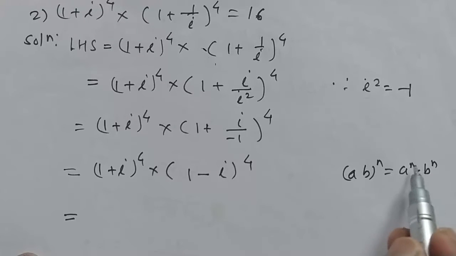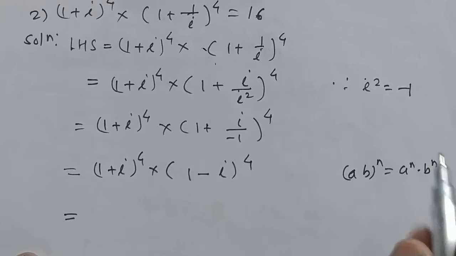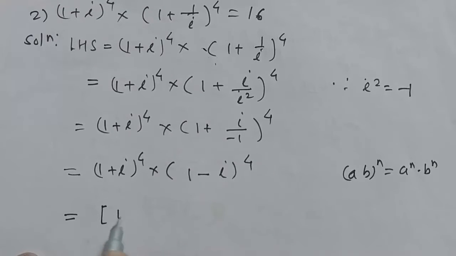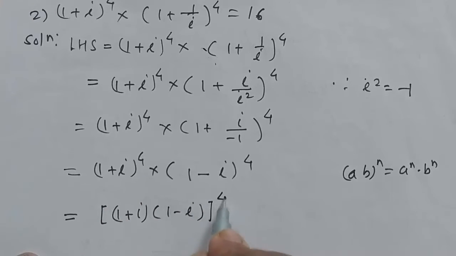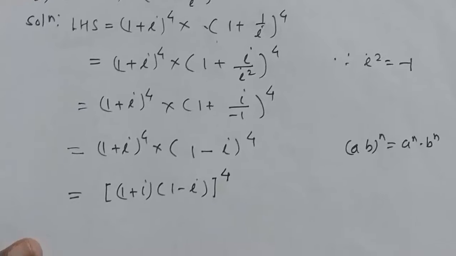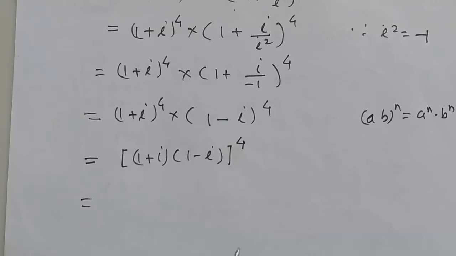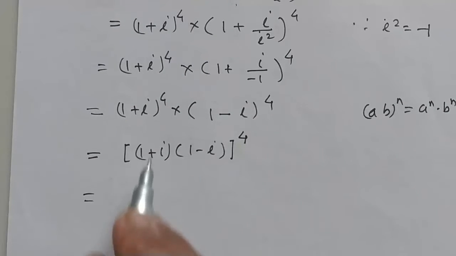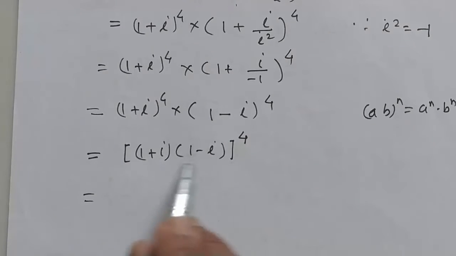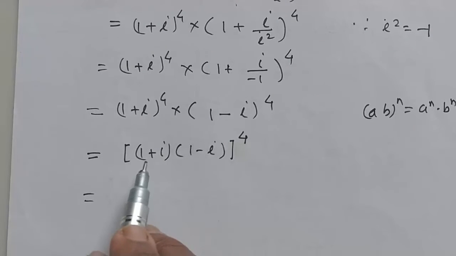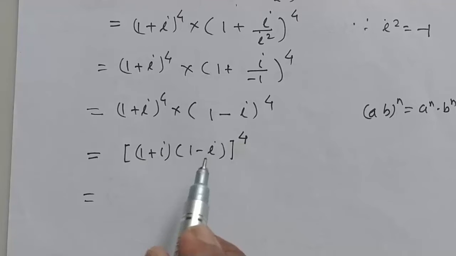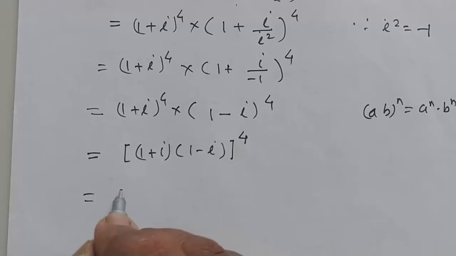So here the index becomes common, that is (1 plus i) into (1 minus i), the whole raised to index 4. Now the product of these two brackets, (1 plus i) into (1 minus i): we know that (a minus b) into (a plus b) is a squared minus b squared.